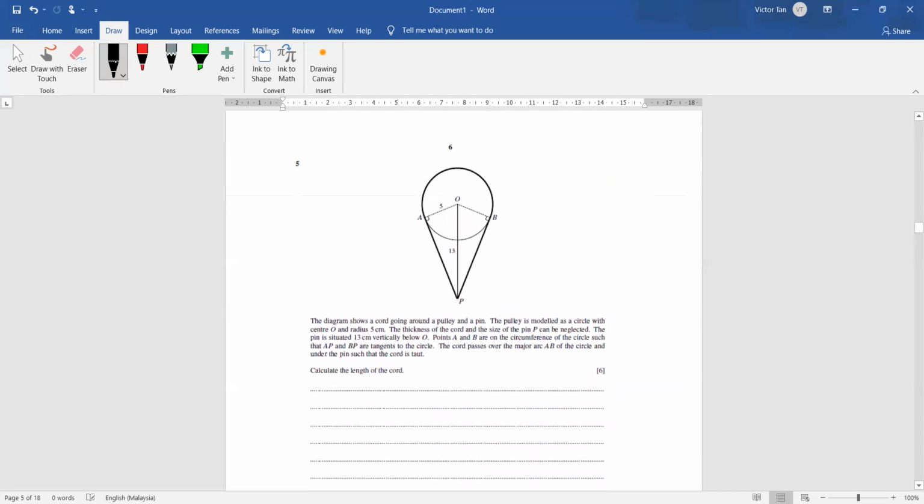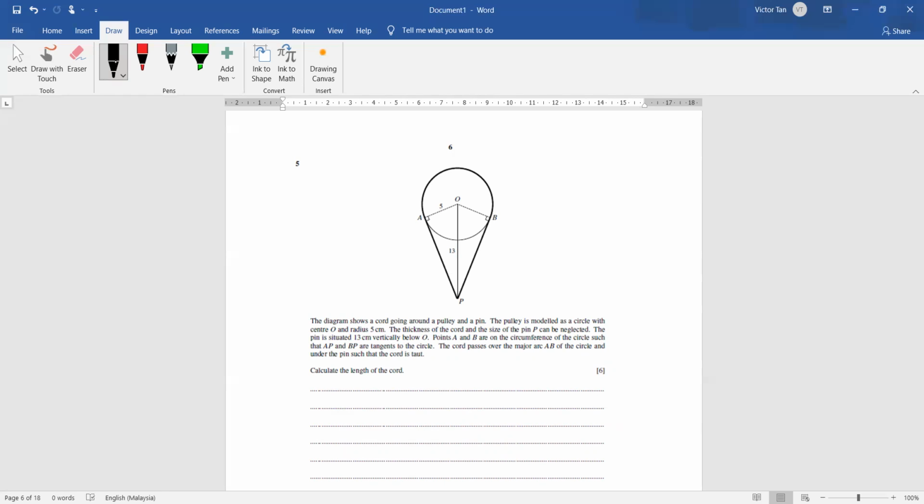Now the next question is on circles. The diagram shows a cord going round a pulley and a pin. The pulley is modeled as a circle with center O and radius 5. The thickness of the cord and the size of the pin P can be neglected.